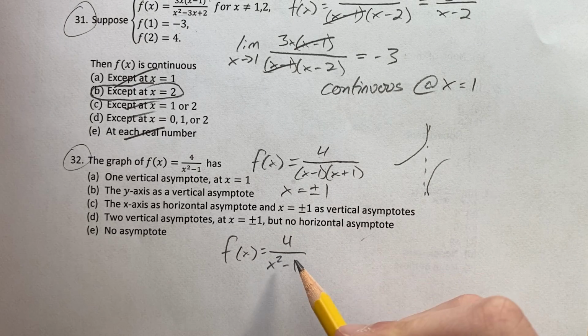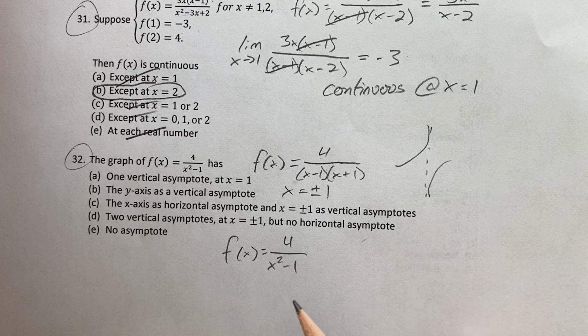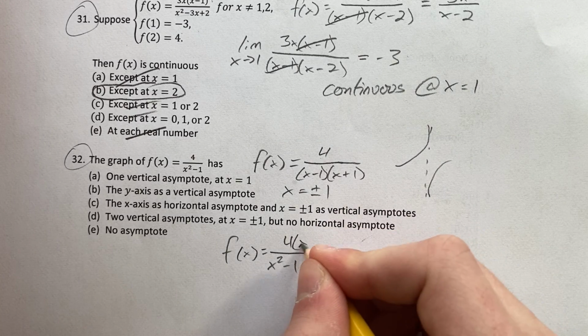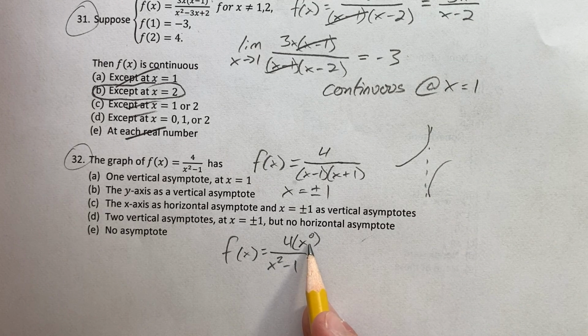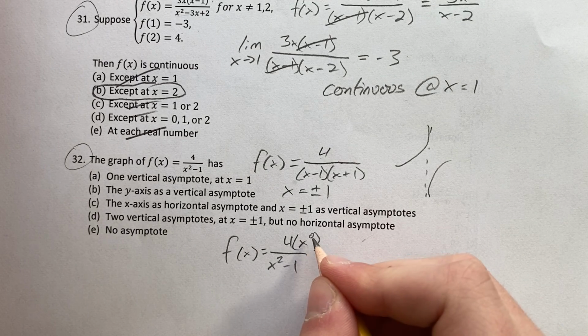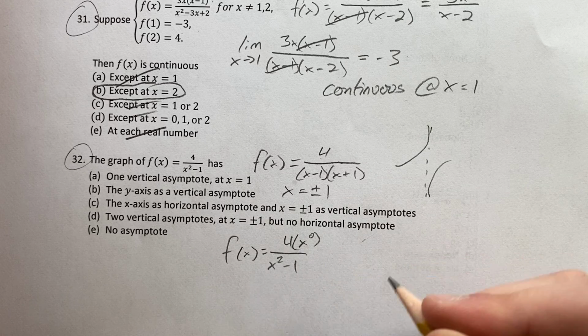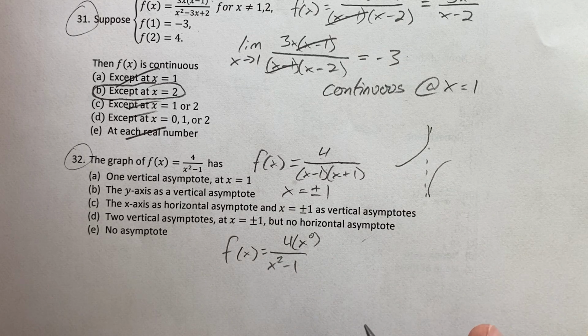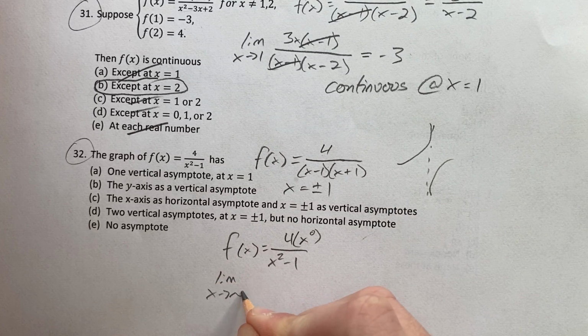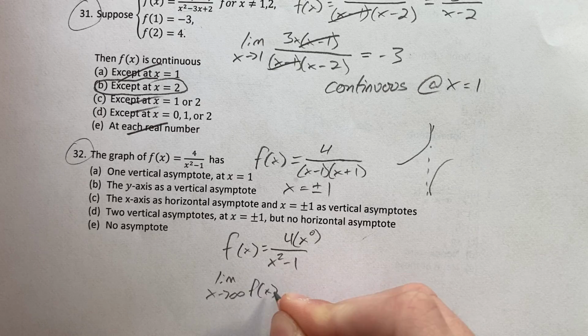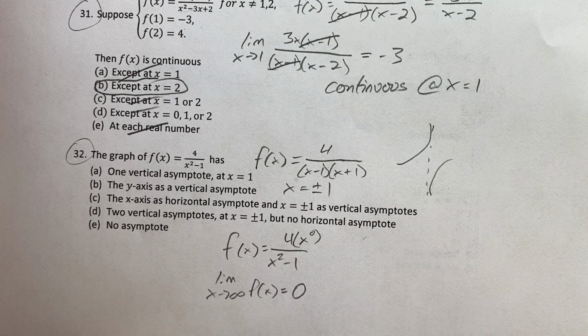You look at the exponent of the leading coefficients, you can imagine this 4 having an x to the 0th term next to it, and you want to compare those leading coefficients. The x to the 0 is less than x squared, so you consider this one of the bottom-heavy questions. And if it's bottom-heavy, then the limit as x approaches infinity of f of x is going to equal 0. Or in other words, there's a horizontal asymptote at y equals 0.